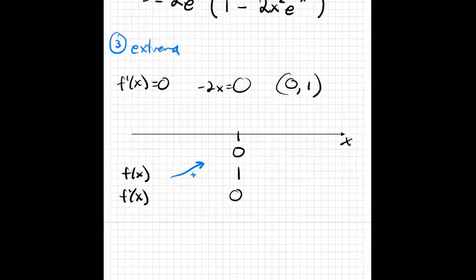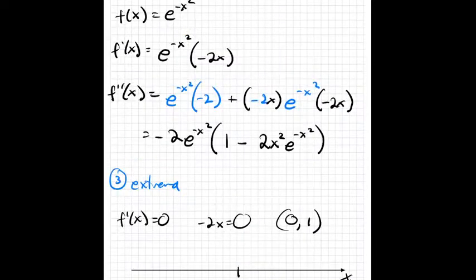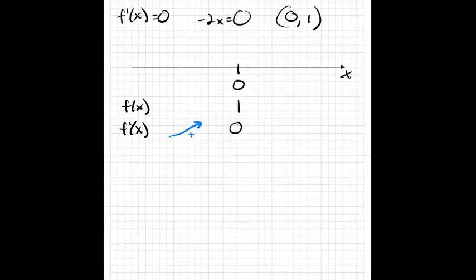On the right side of 0, say when x is 1, what happens when we plug it into the first derivative? This is positive, this is negative, so the first derivative is negative, so the original should be decreasing.